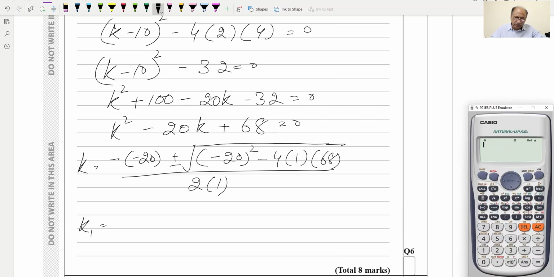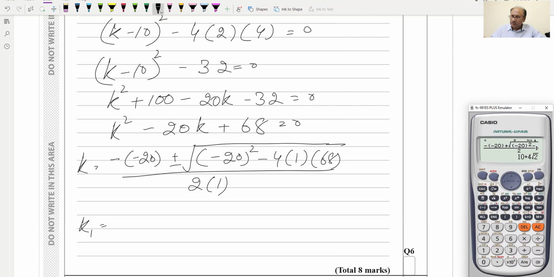Now we can find the k1 value with the help of a calculator. We do minus minus 20, plus the root of, in brackets, minus 20 squared minus 4 times 68, divided by 2. We made a mistake, we missed a bracket over here.